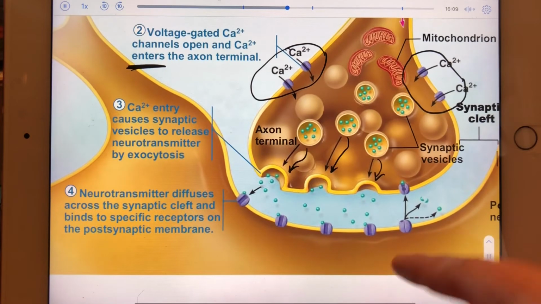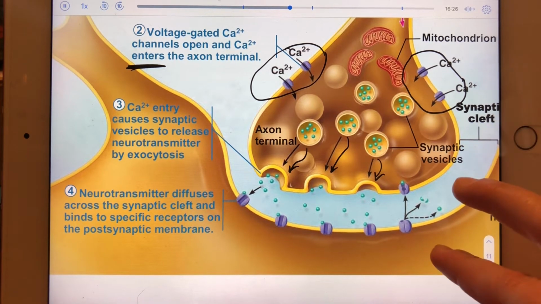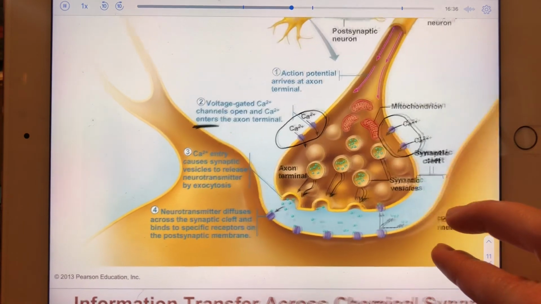And then those neurotransmitter molecules can bind to, in this case, ionotropic, that's what's shown, ionotropic receptors. But probably more likely, metabotropic receptors. Okay, some kind of matchy-matchy receptor, which either starts or stops the postsynaptic neuron from releasing its neurotransmitter product.